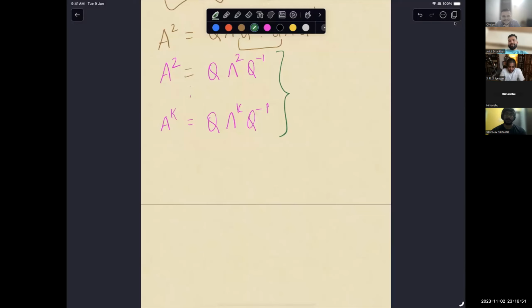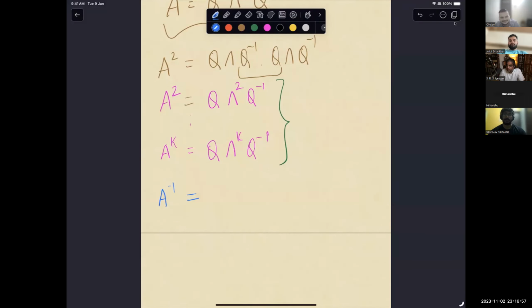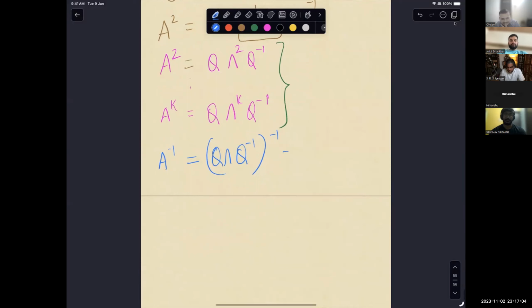Not only this, you see, your A inverse also becomes very easy. What is A inverse? Inverse of Q lambda Q inverse. A little bit of observation will tell you that it is Q lambda inverse Q inverse. Simply take lambda inverse inside.